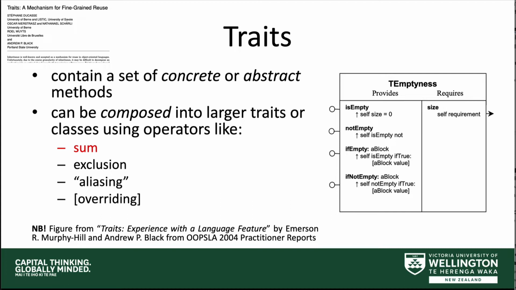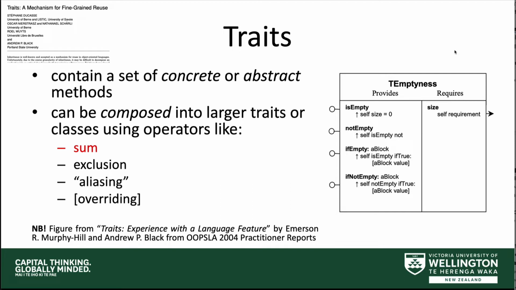If you have met abstract classes in Java, that can be a good example of what a trait concept is. You can see on the right an example done in a Smalltalk extension from the same time when traits were proposed, where you can have a trait called tEmptiness that provides 5 methods.